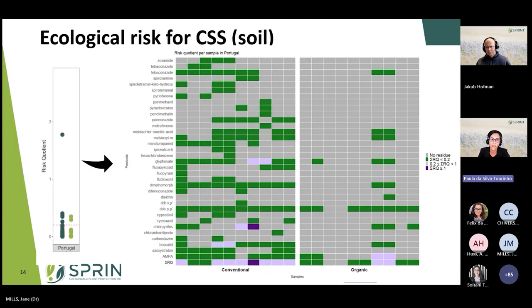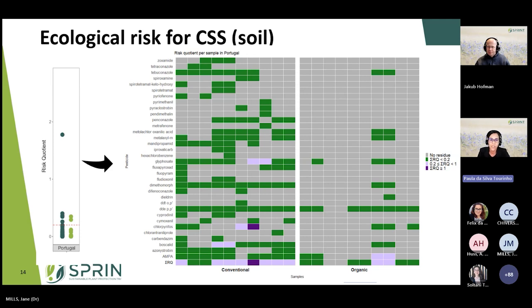If you click on a country, for example Portugal here, it will open a second page where more detailed information for that country is shown. In this plot, each column represents one sample, with all the pesticides detected in that case study site. Then you can see the risk quotient for each pesticide in each sample. In many cases, the high risk was related to the presence of one pesticide, as you can see in the purple colors.